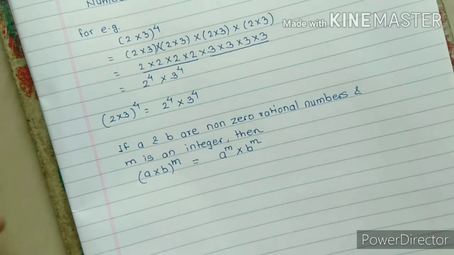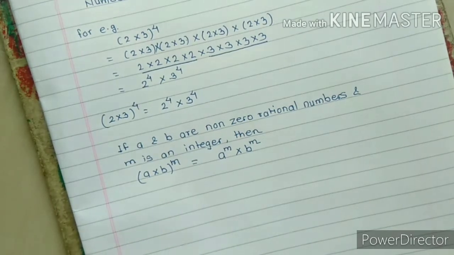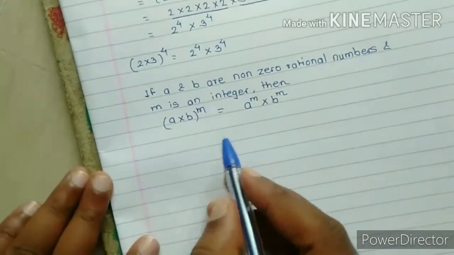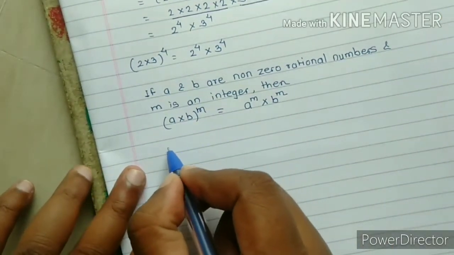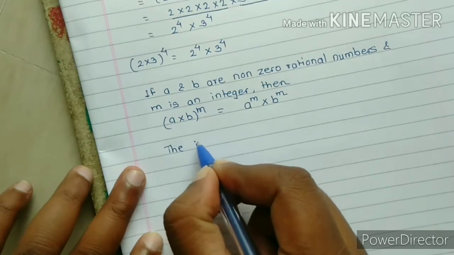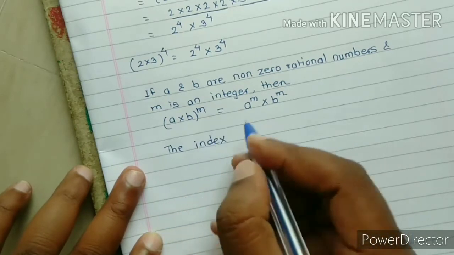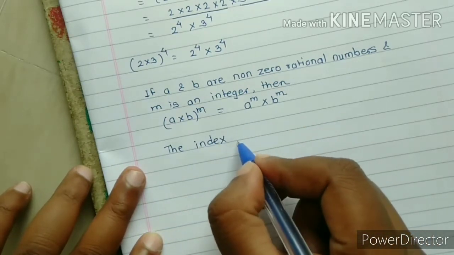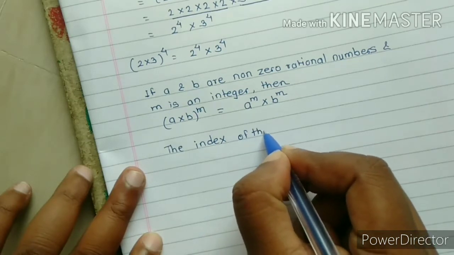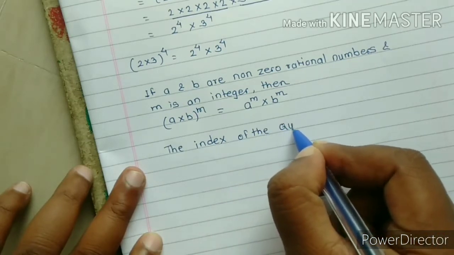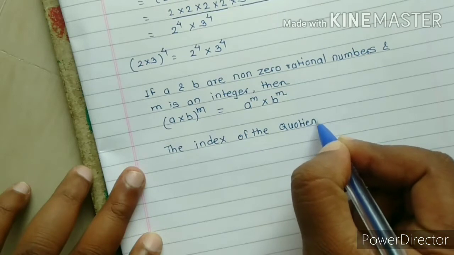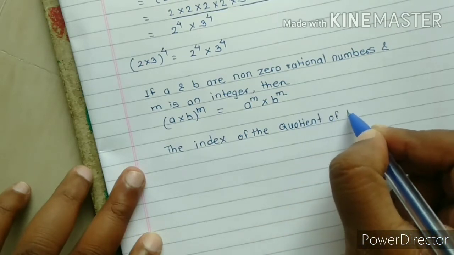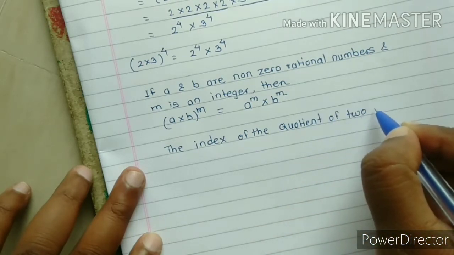Next point is the index of the quotient of two numbers.